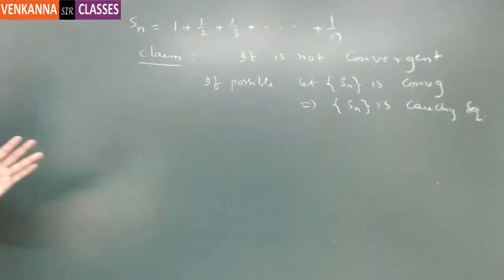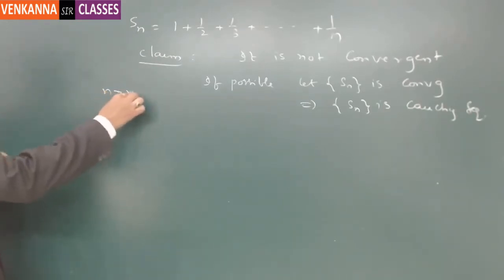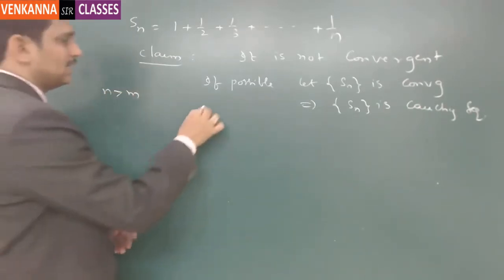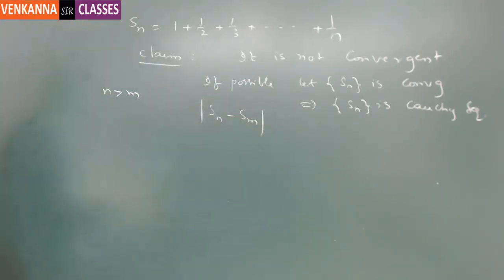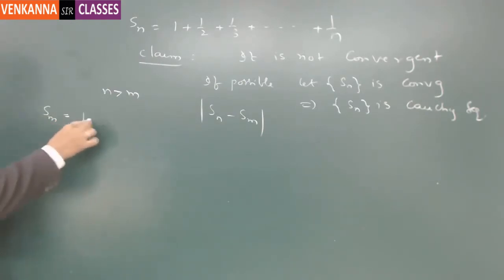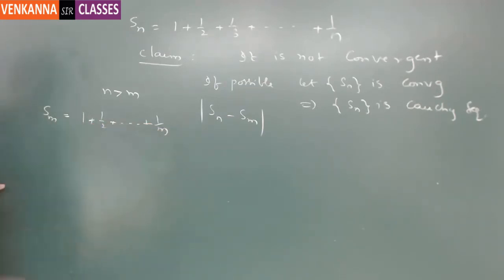Now you are applying the Cauchy sequence definition here. So you take n greater than m. So you consider Sn minus Sm. Please understand that if I write Sm, it means 1 plus 1 by 2 plus so on plus 1 by m.